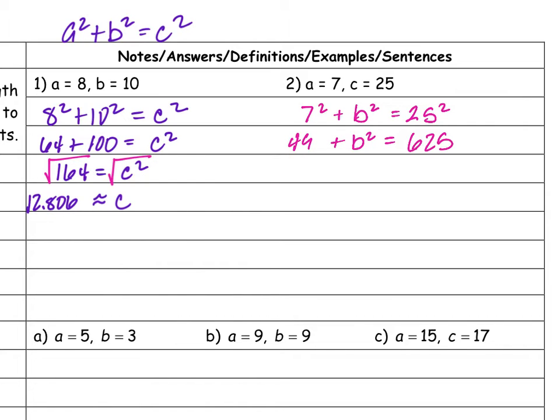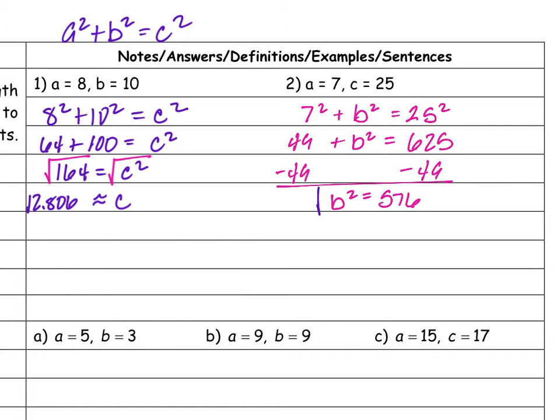Anybody? Very good. I'm going to subtract 49 because I have to get the b squared alone. So b squared is going to be equal to 625 minus 49. It's 576.